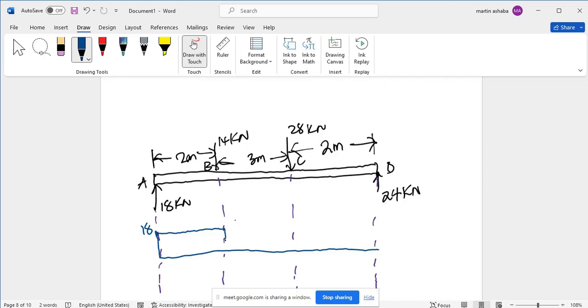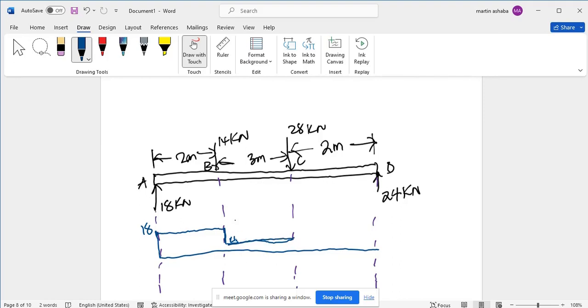If I move 14 kilonewtons downwards, then 18 minus 14, I remain with 4. So what is going to be here is 4. Then I move again with a horizontal line, which is 4.